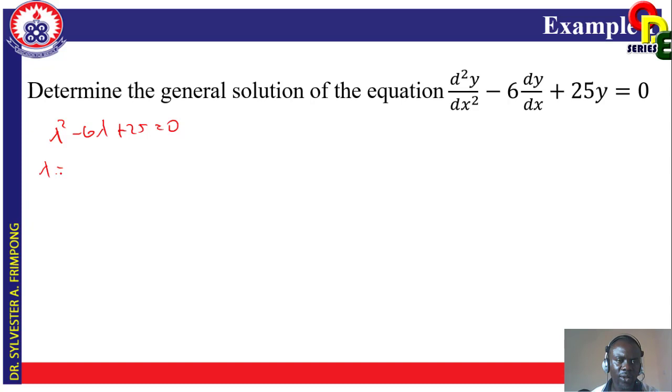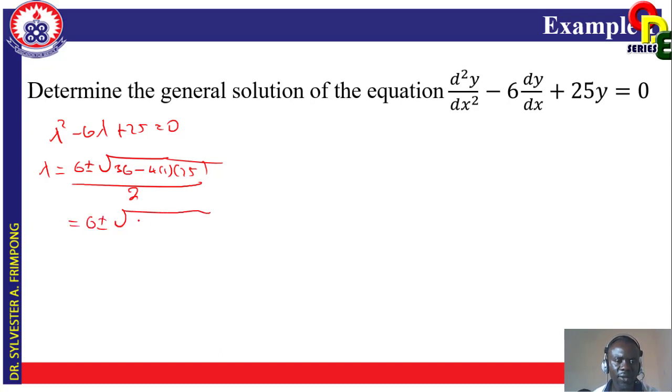If you solve this one, you're going to get lambda equals 6 plus or minus the square root of 36 minus 4 times 1 times 25, the whole thing over 2, which is going to give us 6 plus or minus the square root of negative 64 over 2. So you're going to get 3 plus or minus 4i. So lambda 1 and 2 is simply 3 plus or minus 4i.